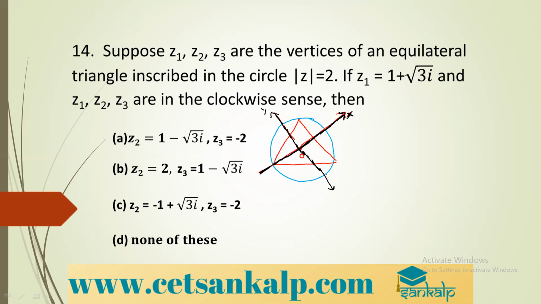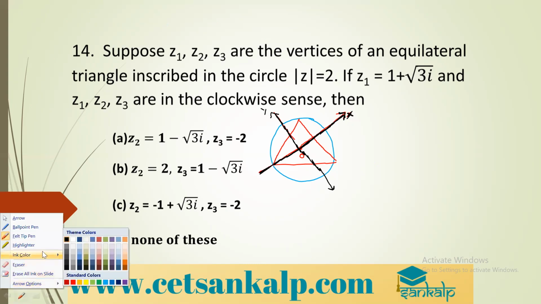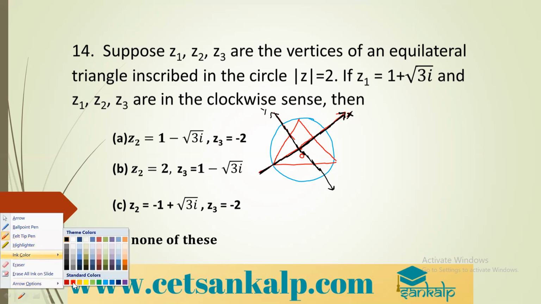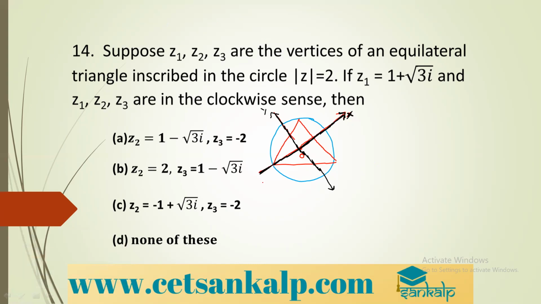Okay. So they said Z1, Z2, Z3 are the vertices of the equilateral triangle, in clockwise direction. So I will take Z1 this vertex, this vertex in clockwise direction I will take Z2, and this vertex in clockwise direction I will take Z3.